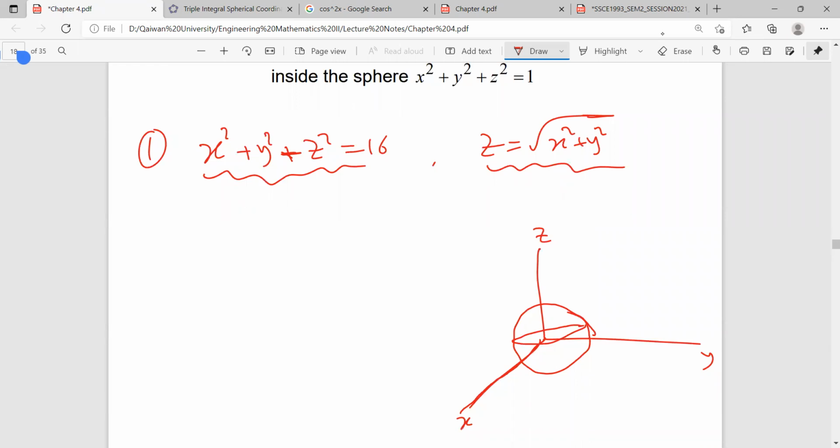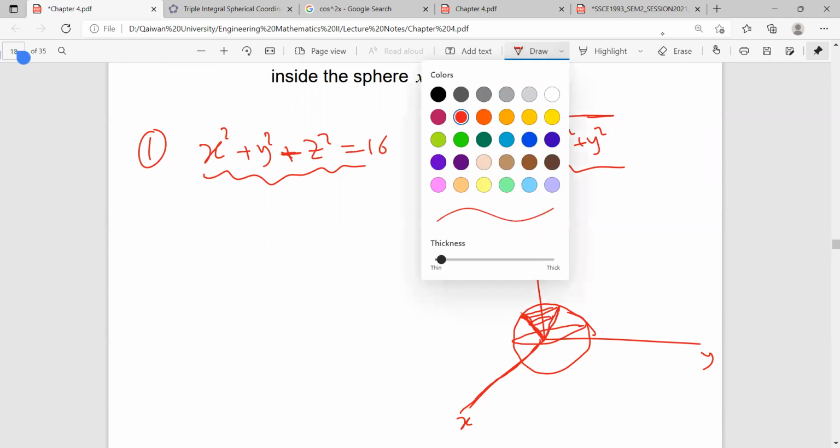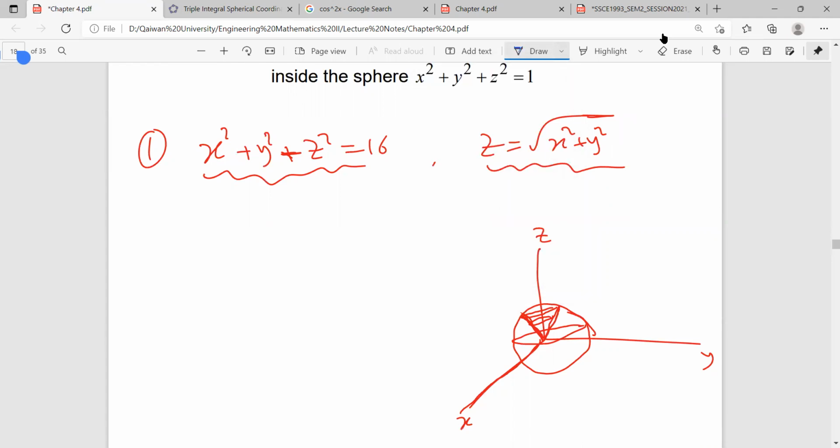And z equals square root of x squared plus y squared is a cone, on the Z axis. So the volume is bounded above by the sphere and bounded below by the cone, as this solid. You should find the volume for that solid.